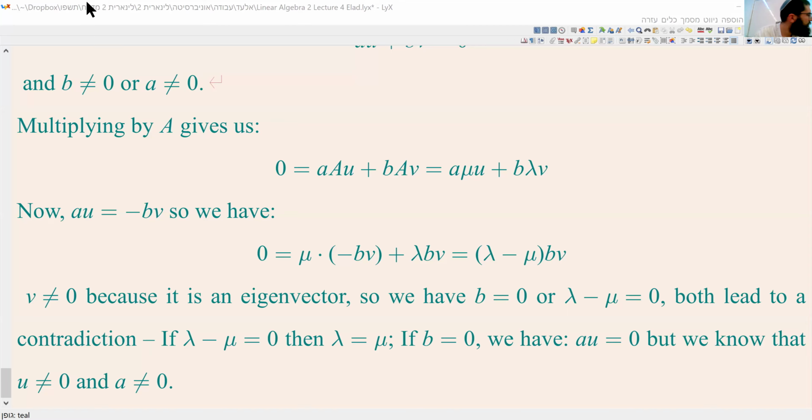Any questions about the proof? For every different eigenvalue, or some intersection, you have only zero. Zero is not an eigenvector by definition, so none.